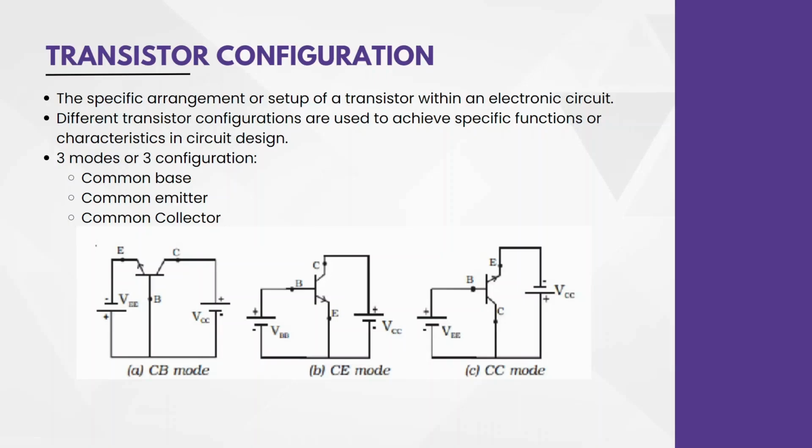So we have studied the emitter base junction and base collector junction. In that, base was a common terminal for both emitter and collector. Similarly, two other configurations can be formed. So in total, those three configurations are the common base configuration, common emitter configuration, and the common collector configuration. Following are the images of the same.